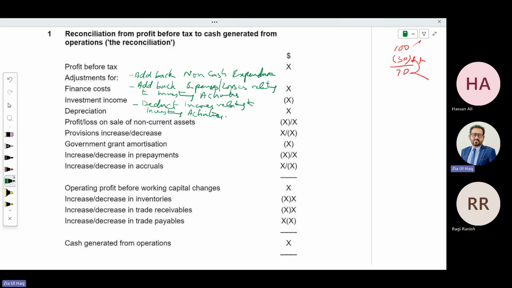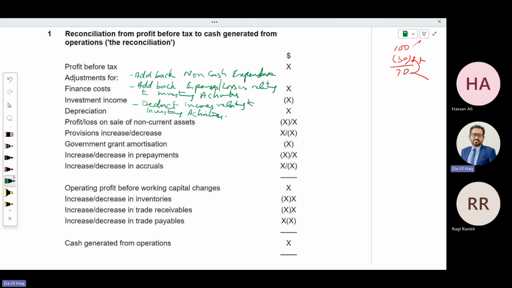If there are any losses or expenses relating to investing activities, those will also be added back. Investing means relating to non-current assets. If we sold any non-current assets and suffered a loss, that loss was recorded in P&L, but in cash flow, we need to add it back.